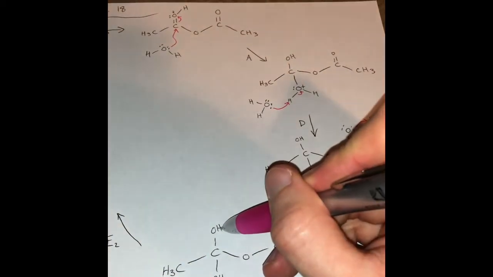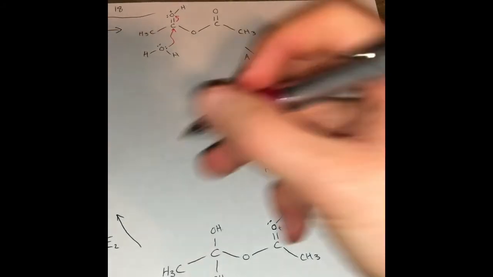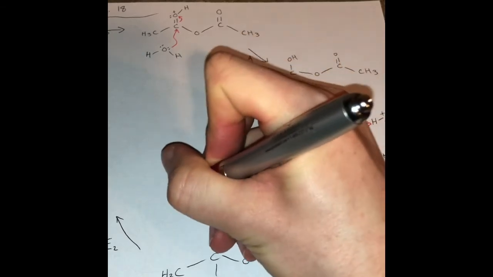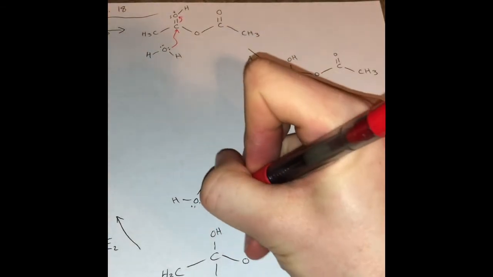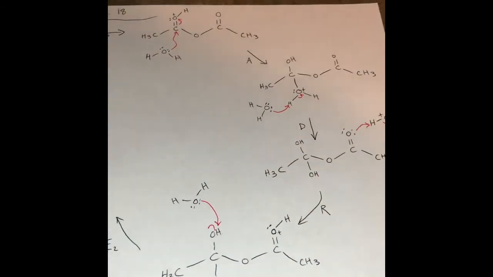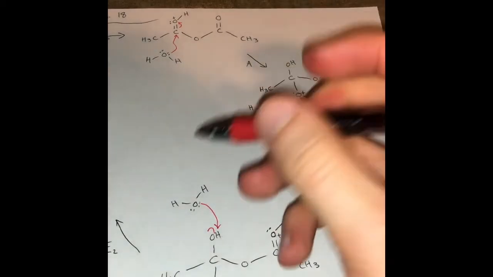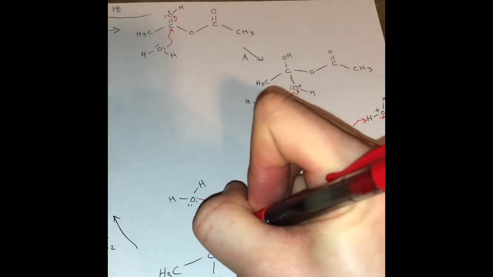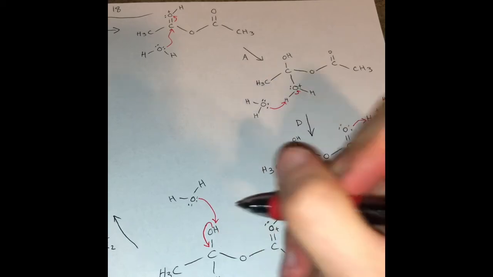So what's going to happen here is we take a molecule of water, and we're going to deprotonate this H up here on the O. Now, when we deprotonate that H, it gives us a set of electrons. What's going to happen with those is they're going to come down, form a double bond between the O and the C.